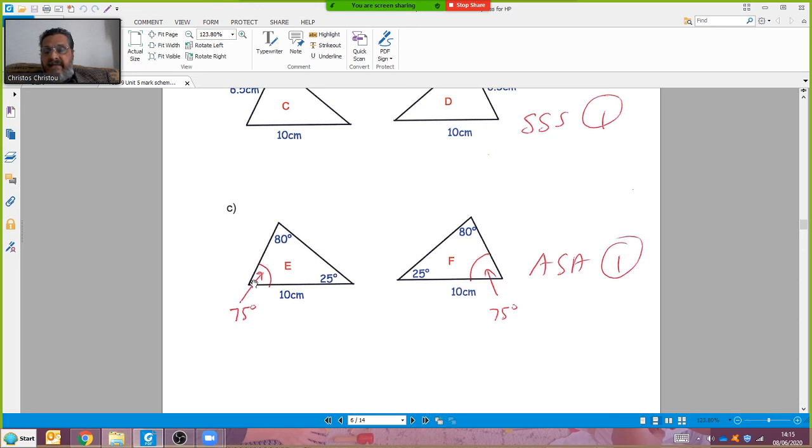We have a 75, a side, and a 25, and the side is included. So I would call that ASA. You might like to call it AAS. It doesn't matter. The fact that you got these 2 angles means that the third one, because it's a triangle, has to be the same for each one. So that's okay. So I gave ticks for AAS and ASA. But I didn't read all the story you gave me, it's just too much.